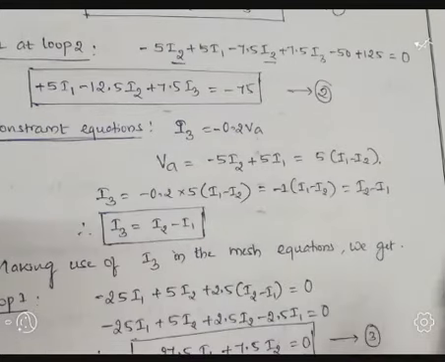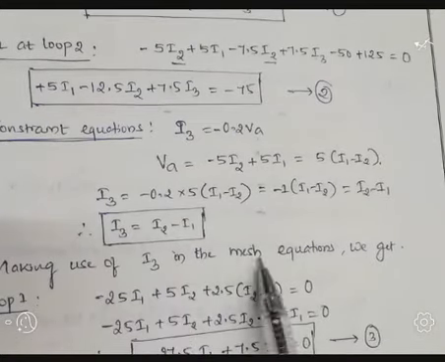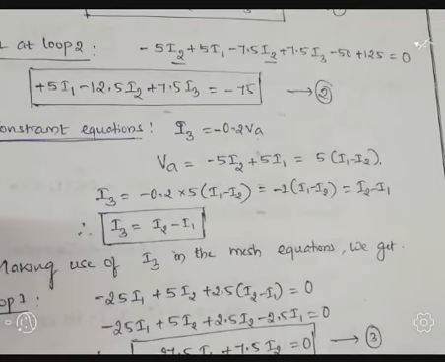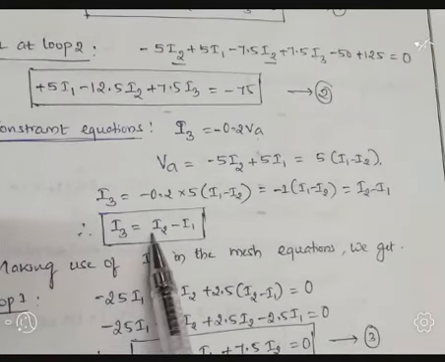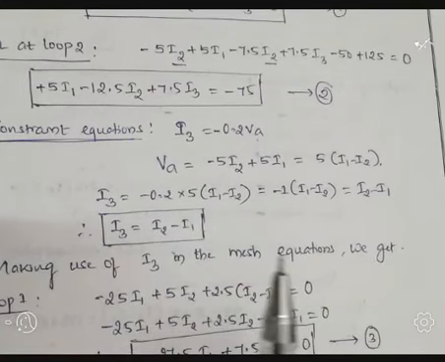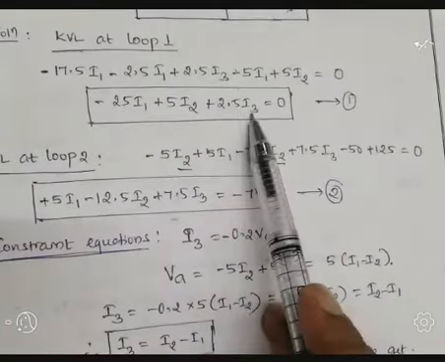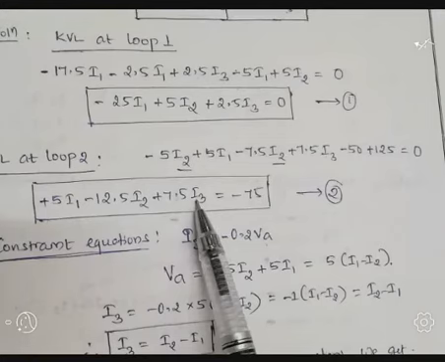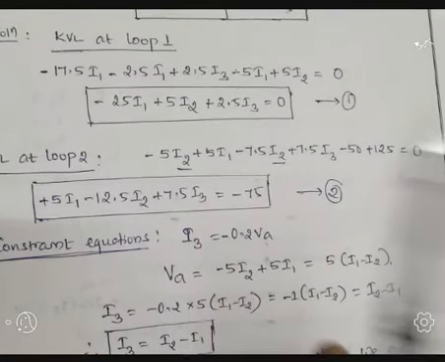Next, making use of I3 in the mesh equations. Already we calculated two equations. Wherever I3 is there, let us substitute I2 minus I1 in equation 1 as well as in equation 2. So we are getting only two unknowns, those are I1 and I2.